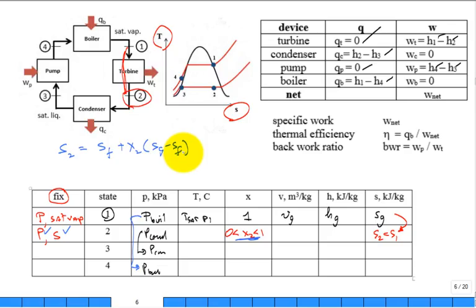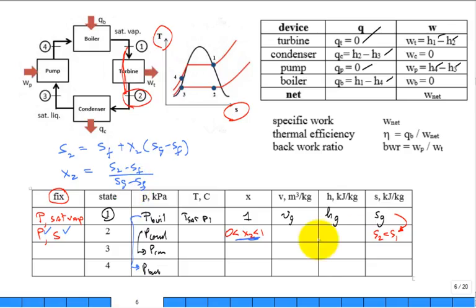Sure, that's how you calculate the properties, just like enthalpy, specific volume, internal energy, and entropy in that two-phase region. So you just calculate X2 is equal to S2 minus S of F divided by S of G minus S of F, where those saturated liquid, saturated vapor entropies are based on that condenser pressure.